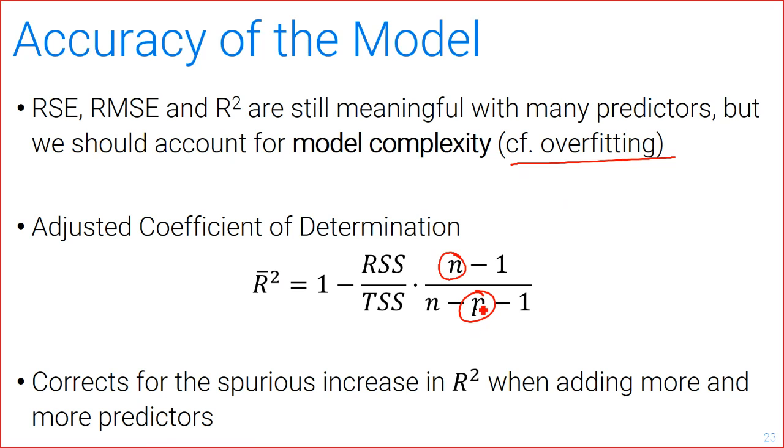So whenever P is large, this number is going to be lowered. And so in a sense, this adjusted R-square is going to correct for the spurious increase in the R-square just when we are adding more and more predictors. We know that that's something we want to avoid. So instead of computing R-square, you should be computing the adjusted R-square because it penalizes for P.